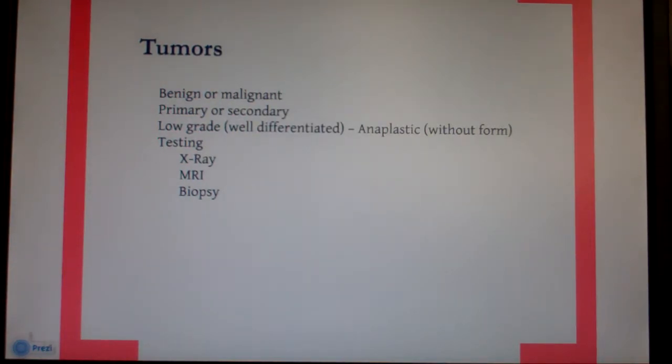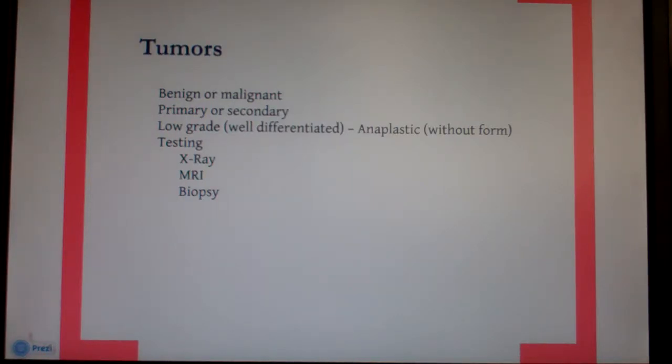Sarcoma comes from connective tissue, and lymphoma from lymphatic tissue. Kind of makes sense. Melanoma, for example, what is that? Well, it would arise from melanocytes in the skin. Does that make sense? Good. Let's move on.